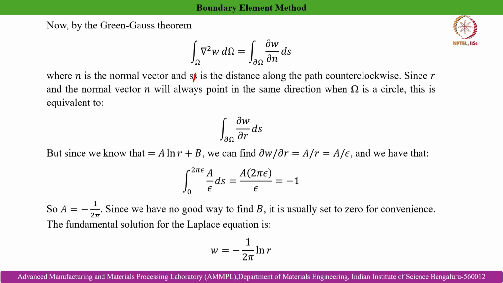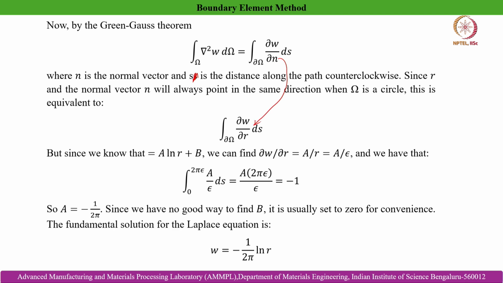So, there is a typo. So S is the distance along the path counterclockwise. Since r and the normal vector n will always point in the same direction when omega is a circle, this is equivalent to integration over del omega of del w del r ds. So we are replacing n by r, the radius of the circle.